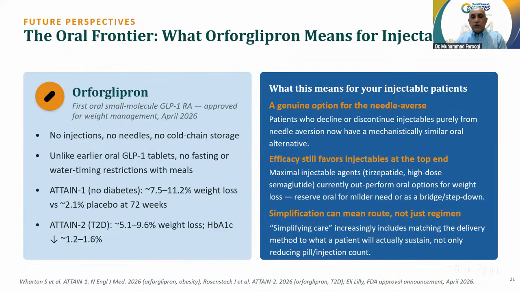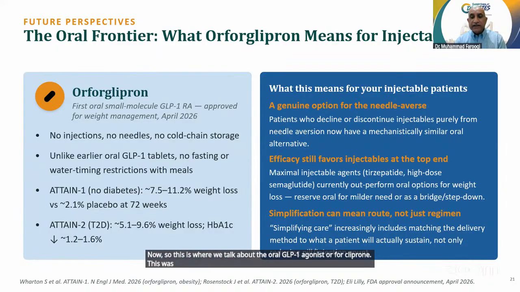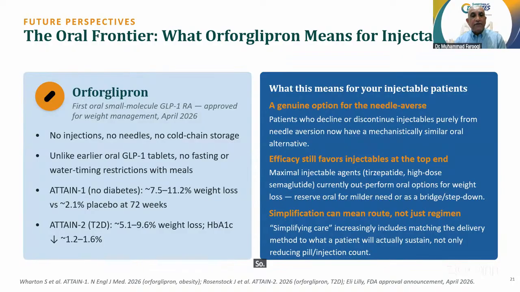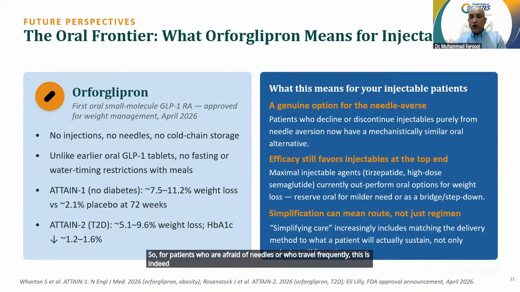Now, this is where we talk about the oral GLP-1 agonist, orforglipron. This was approved earlier this year, and it does not have the meal timing restrictions that we had seen earlier with oral semaglutide. So for patients who are afraid of needles or who travel frequently, this is indeed a real option.